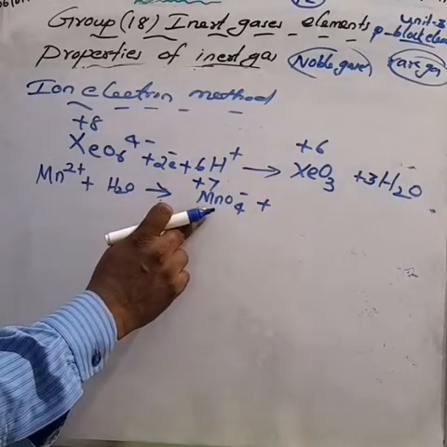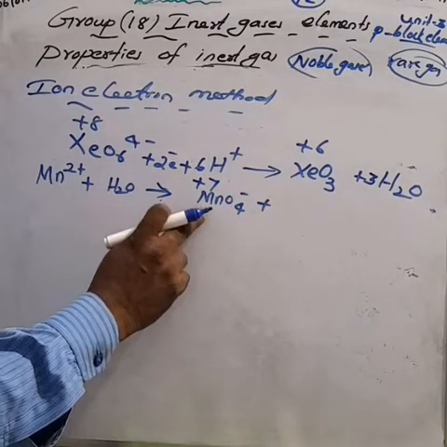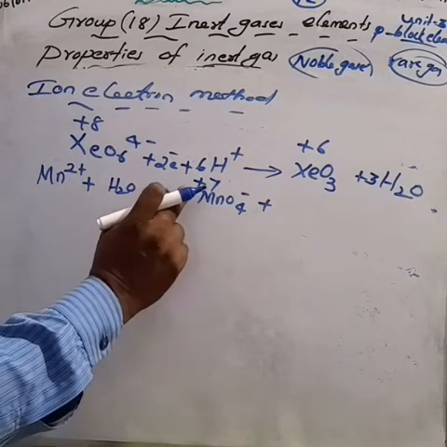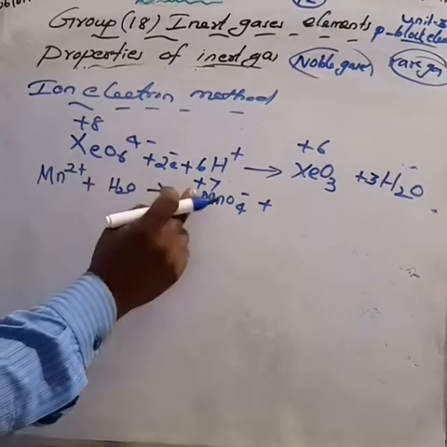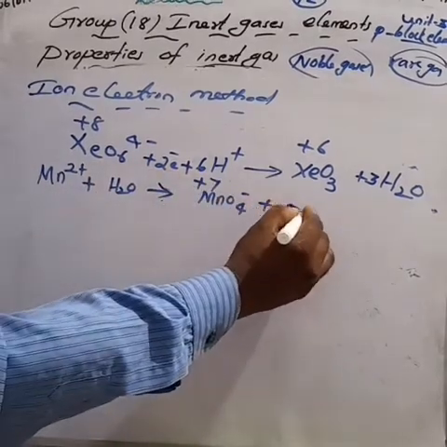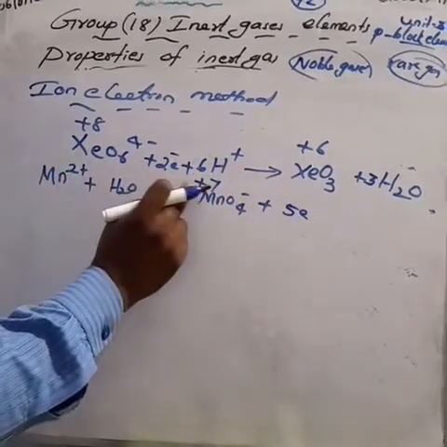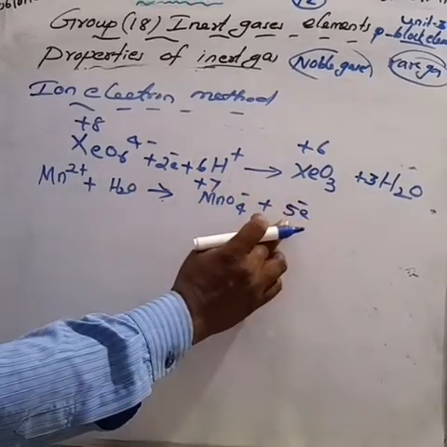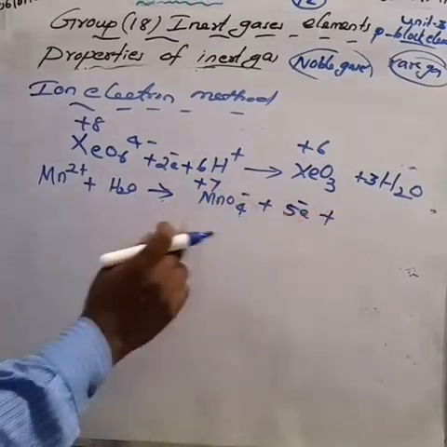Mn changed from +2 to +7, so there is a 5 electron difference. The reactant side is +2, the product side is +7, so I am writing 5 electrons minus.